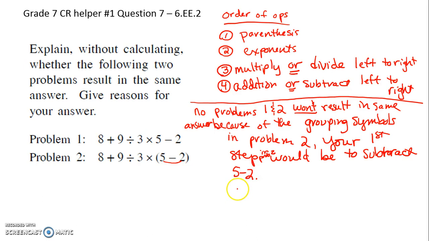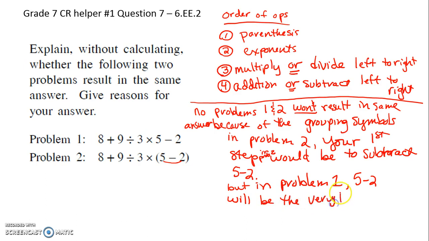But in problem 1, you don't do that till your very last step. (5 minus 2) will be the very last step in that problem.